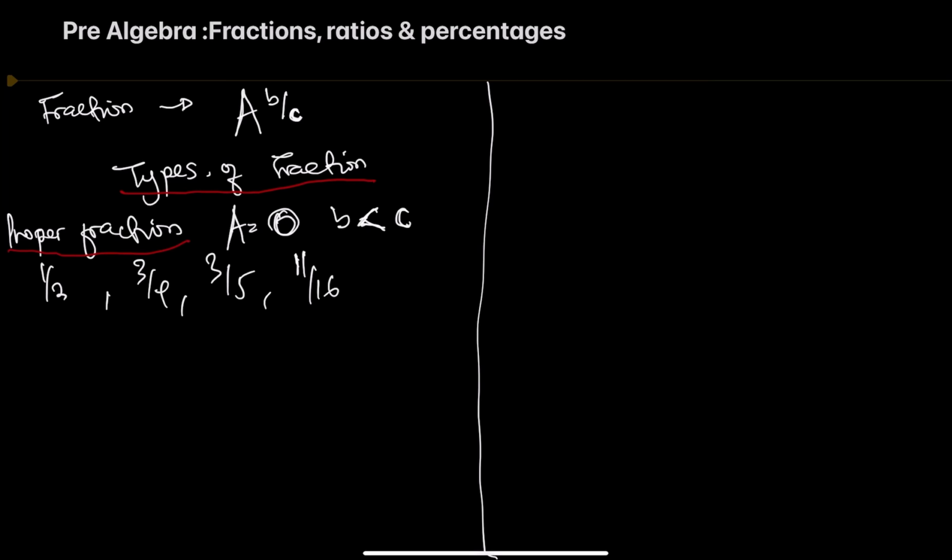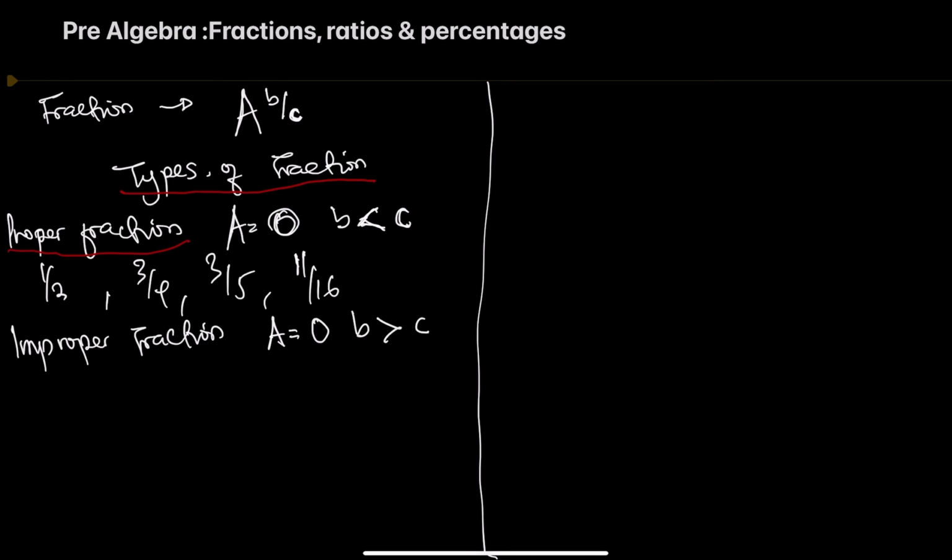So what is the second type? The second common type of fraction is what we call improper fractions. In the improper fraction, A is equal to 0, and B is more than C. So basically, the numerator is greater than the denominator.